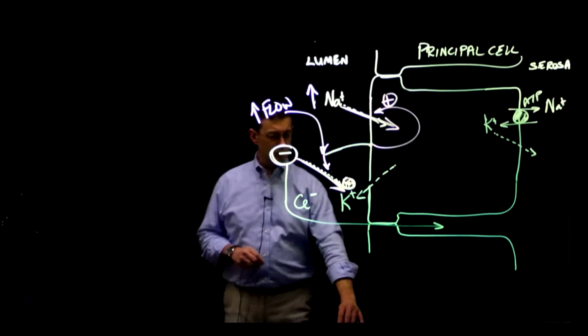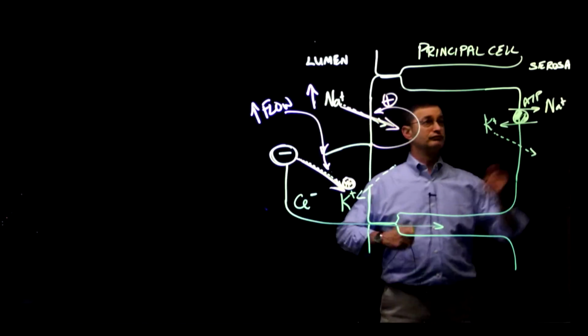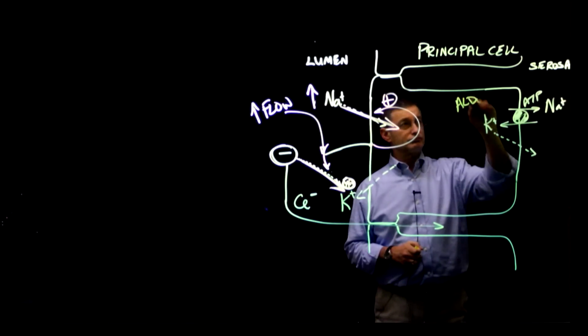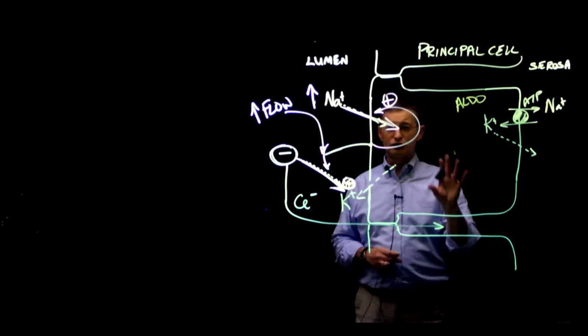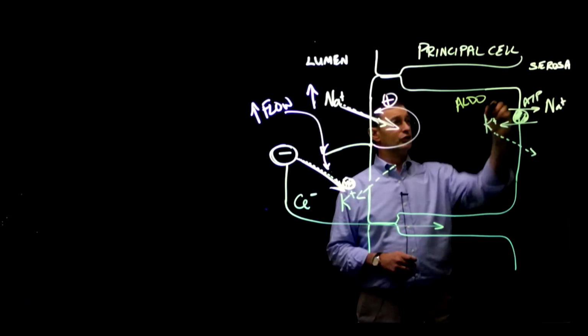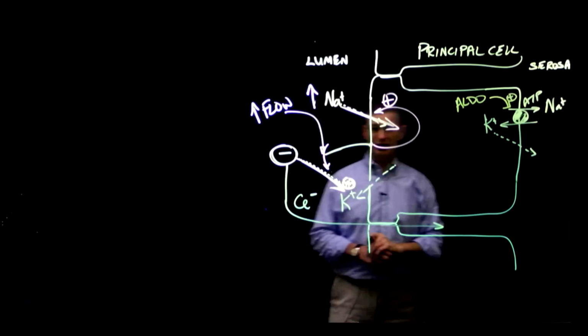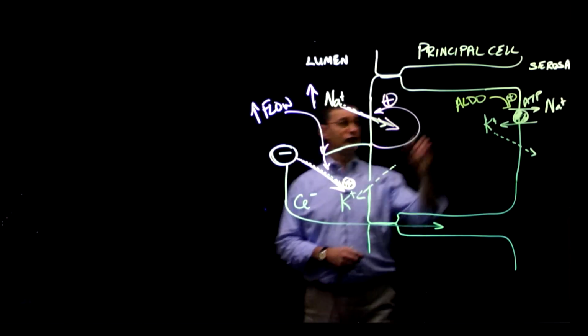Finally, remember that this cell is also impacted by aldosterone. So aldosterone, which is a steroid hormone, as you know, and binds to intracellular receptors, will have a positive impact on the sodium-potassium ATPase activity and the number of sodium-potassium ATPases.